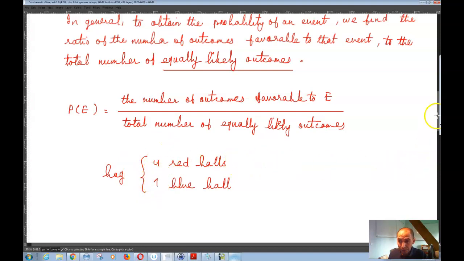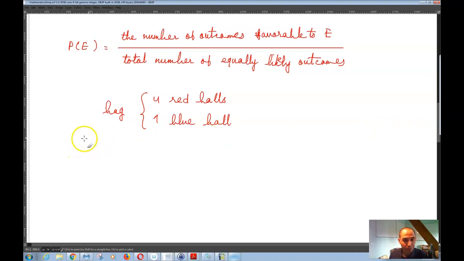Let's say the event E is that the ball is red.